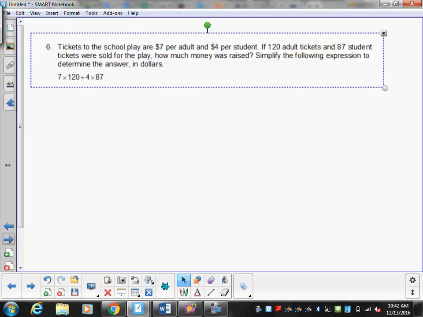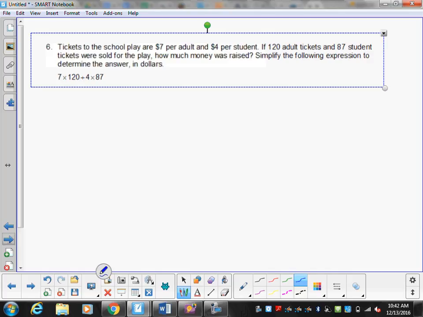All right, number 6. Number 6 says tickets to the school play are $7 per adult, $4 per student. If 120 adult tickets and 87 student tickets are sold for the play, how much money was raised? Simplify the following expression to determine the answer in dollars. Yeah, this is actually not a bad problem because it gives you the expression. It could have just as easily not given you the expression and tried to get you to figure it out.